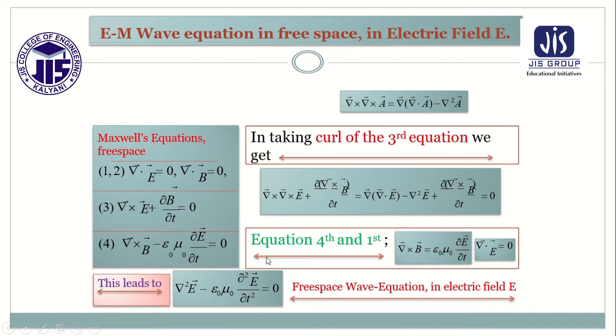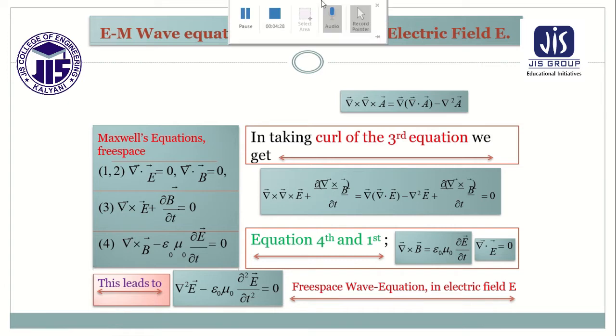Now the same method will apply to derive the free space wave equation in the magnetic field B. By these 4 famous Maxwell's equations, we can derive the free space wave equation.